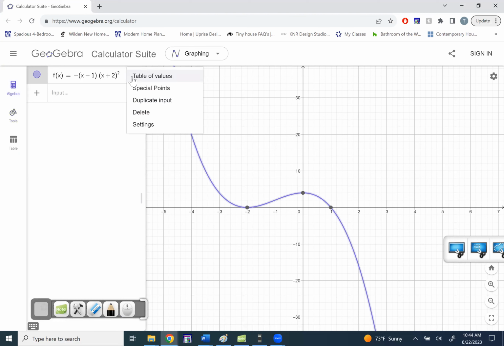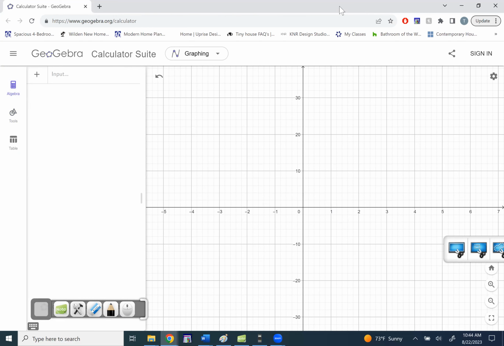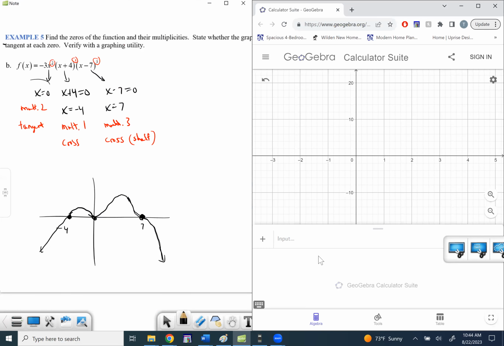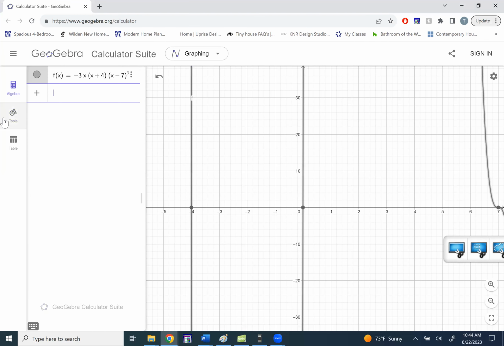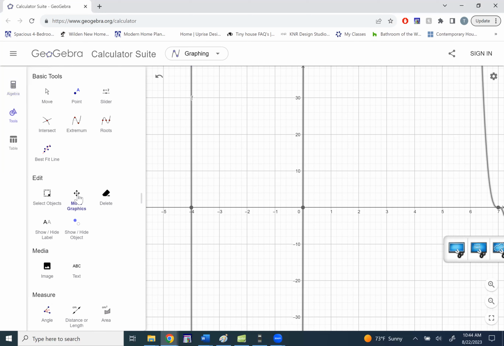That's way better than mine. All right. Okay, so we got -3x, x plus 4, and then x minus 7 to the third. Let's see what this guy looks like. Holy moly, I need to definitely zoom out, don't I?